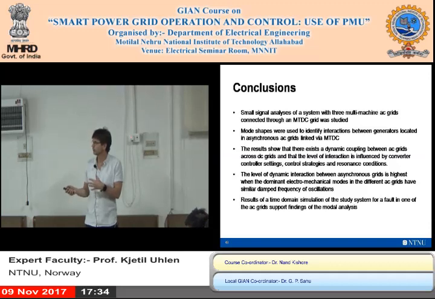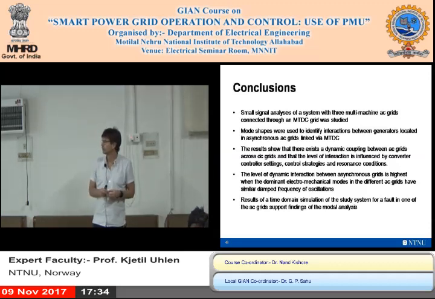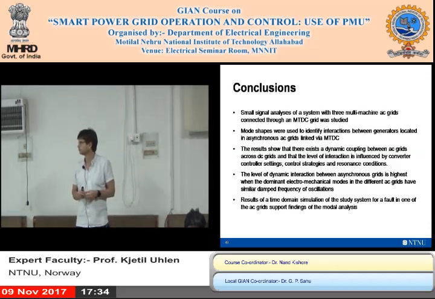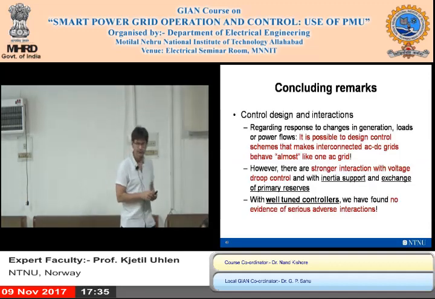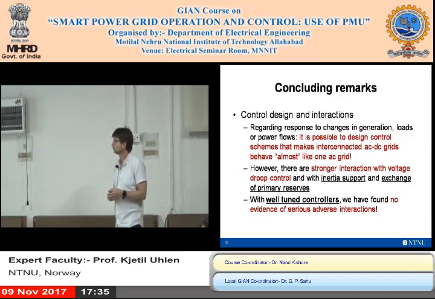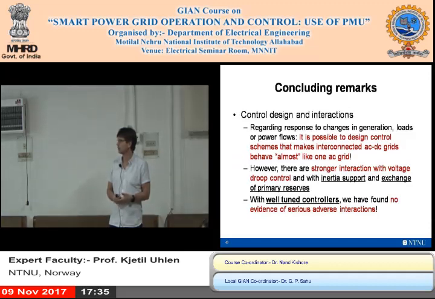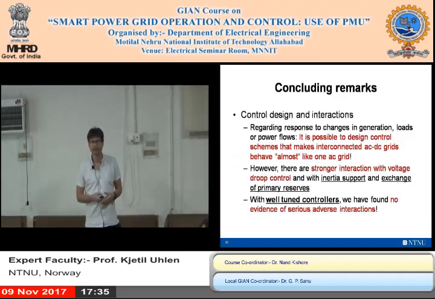And we saw that there was some level of interactions, very much due to control strategies. The main conclusion, however, the main message from this, is that it is possible to design control schemes that make interconnected AC-DC grids behave almost like one AC grid.